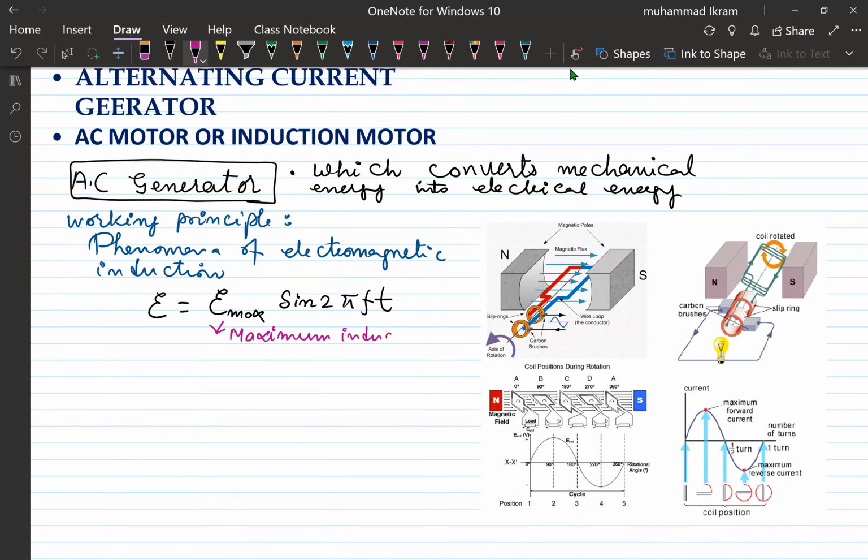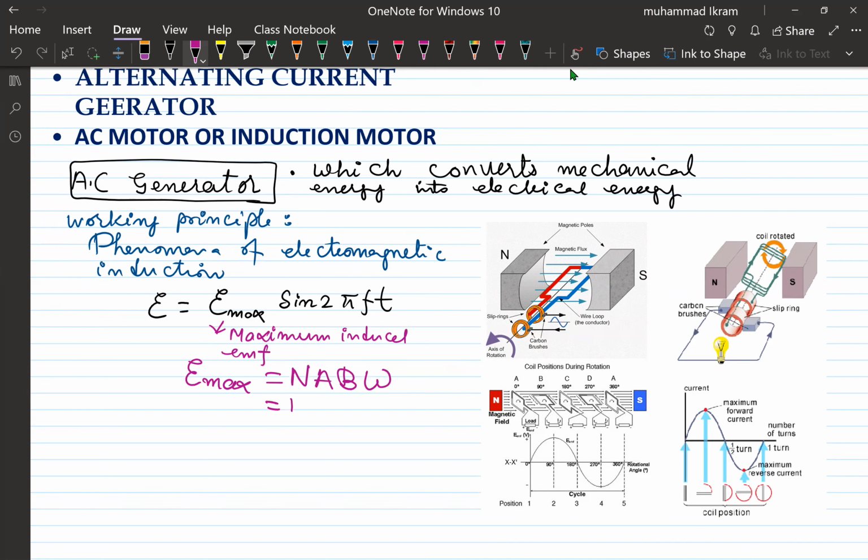Later on I will show you that this depends on the number of turns, area of cross section, the strength of the magnetic field, and the angular speed of the generator.